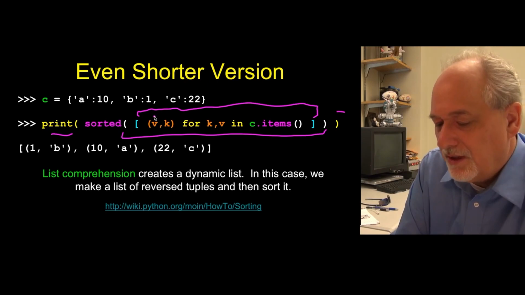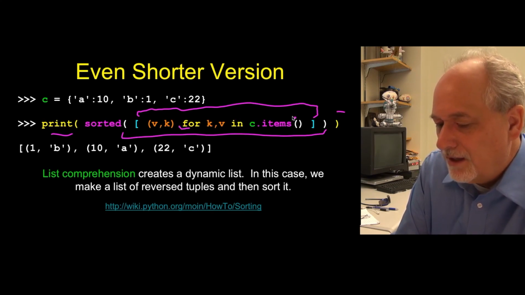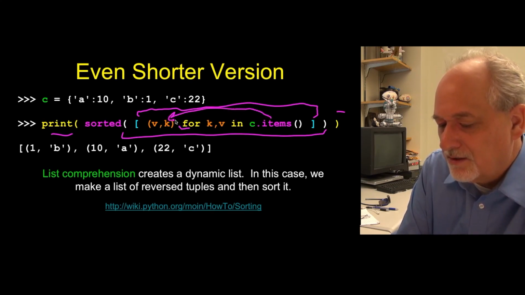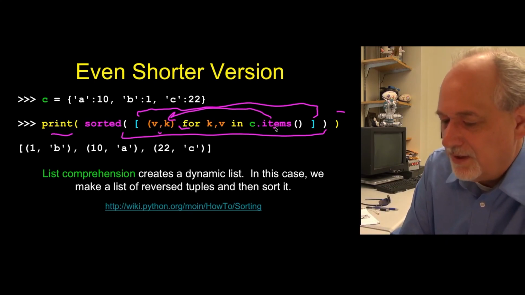So this basically says, this is a list of two tuples, v and k, and then this is sort of implied: for all kv in c.items. This is like a for loop that is driving this. Think of this as like stamp, stamp, stamp, stamp, stamp, however many times it has to make a stamp.